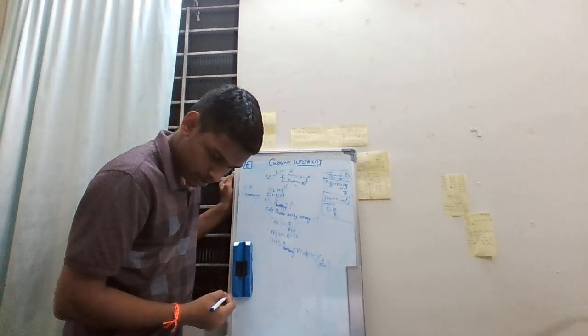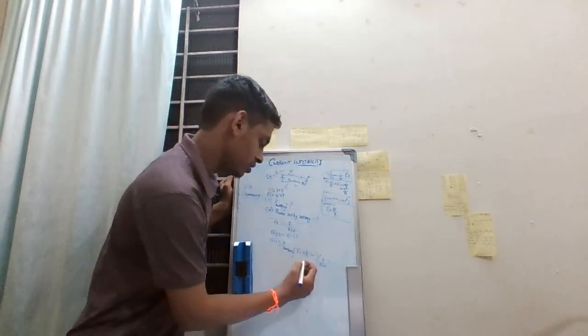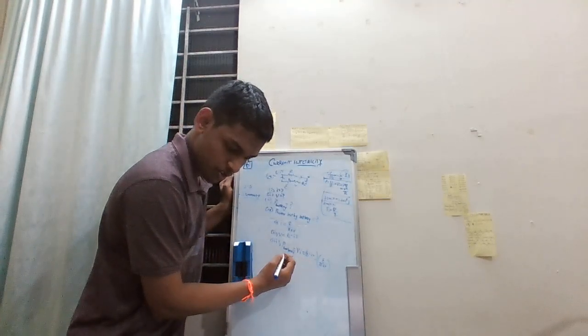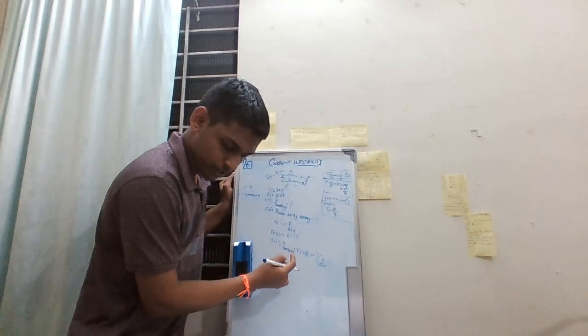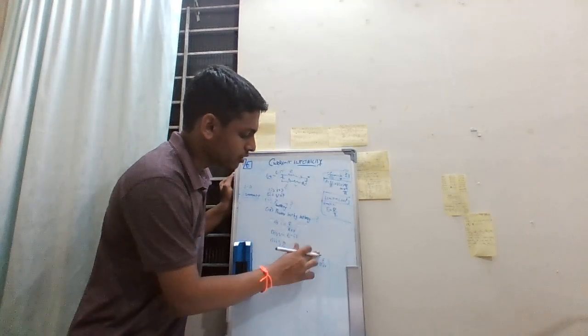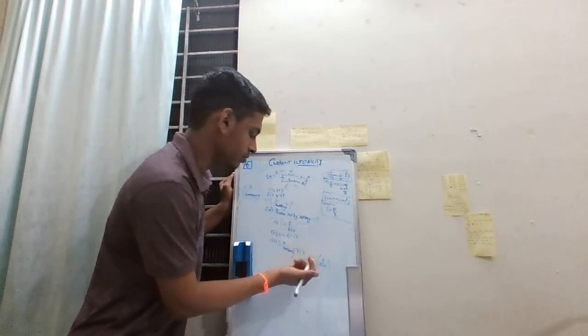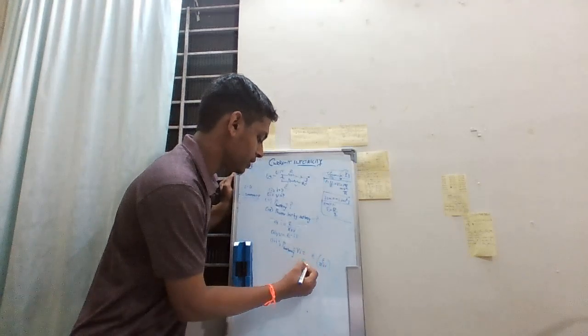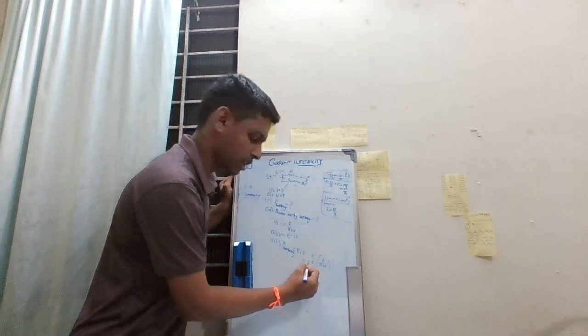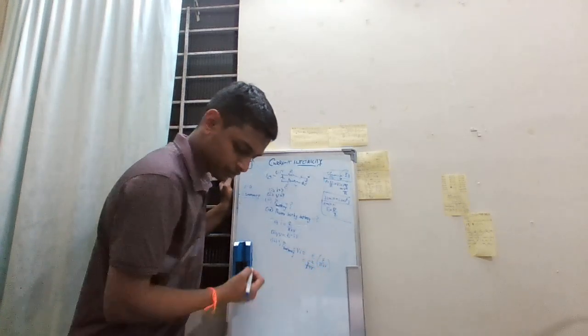Am I right? No, I am not. It is E into I. We are not considering the resistance here. That is E squared by R plus r.